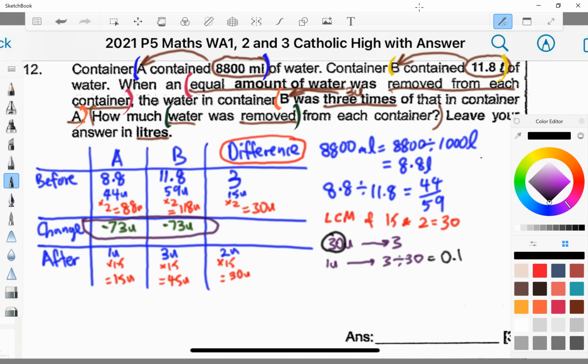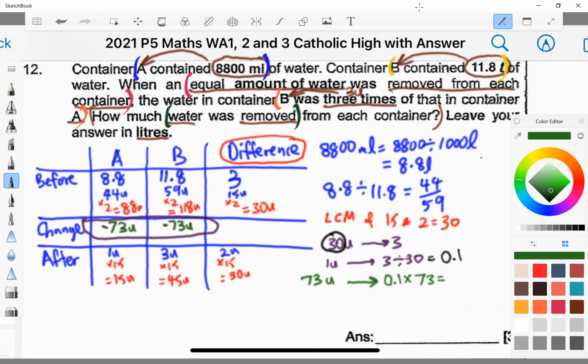But is 0.1 liters my final answer? The answer is no. They want us to find out the water that was removed from each container, and that would actually be 73 units, as what we have seen in our BCA ratio table. So we just need to take 0.1, the value of 1 unit, and multiply that by 73.